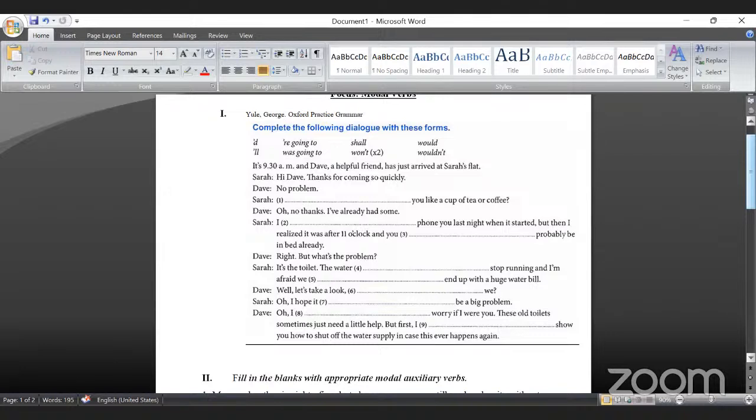I was going to phone you last night when it started, but then I realized it was after 11 o'clock and you would... The short form maybe, the first one, the contracted form, right? You'd. That is U apostrophe D. It means would only, but it is in the contracted form.